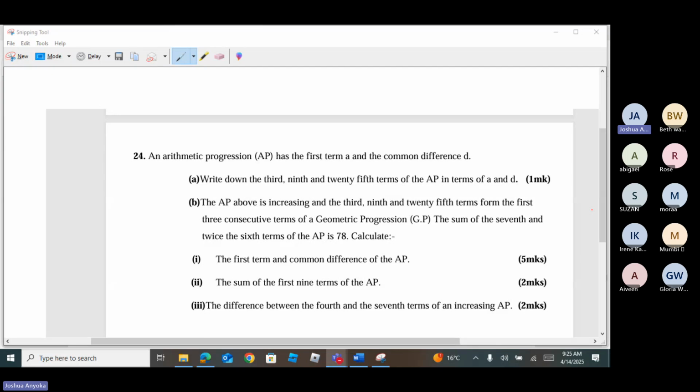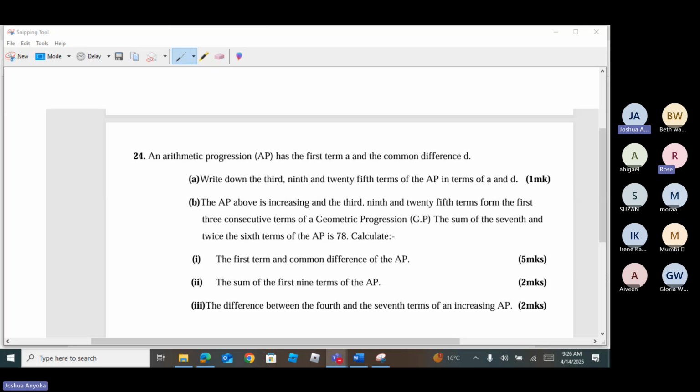An arithmetic progression. Let someone read that for us. Rose, read for us that question. An arithmetic progression, AP, has the first term, A, and the common difference, D. Write down the third, 9th, and 25th terms of the AP in terms of A and D. B. The AP above is increasing, and the third, 9th, and 25th terms form the first 3 consecutive terms of a geometric progression.